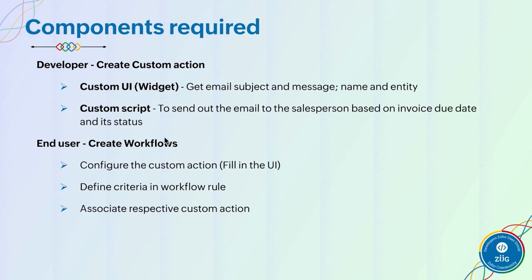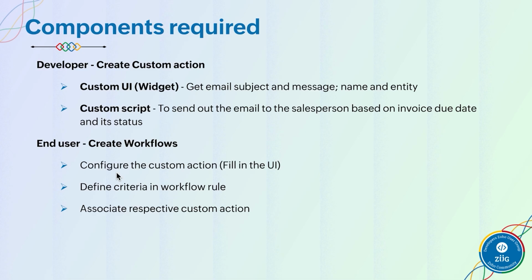Once this custom action is created and provided to the end user as an extension, the end user has to configure the custom action with the email content that needs to be sent to the salesperson.